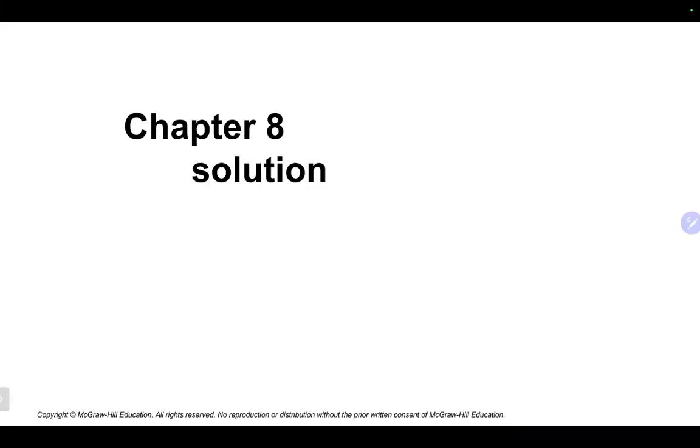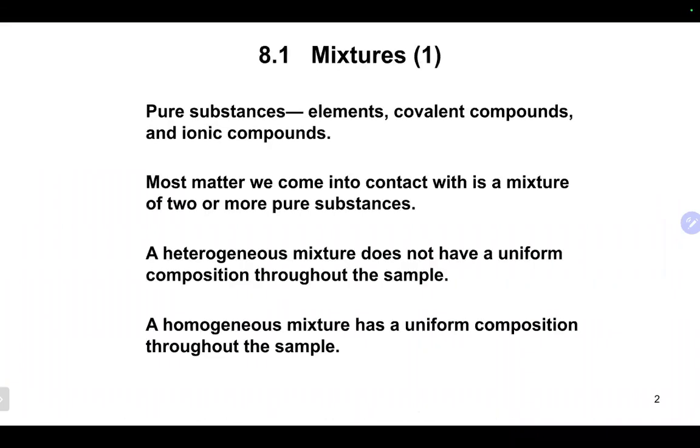Okay, so next up is chapter 8 here, which is solutions and some other information, I think. All right, so let's talk about it. First off, we're going to talk a little bit about mixtures and some pure substances. A reminder that a pure substance is basically any covalent compound or ionic compound that is by itself.